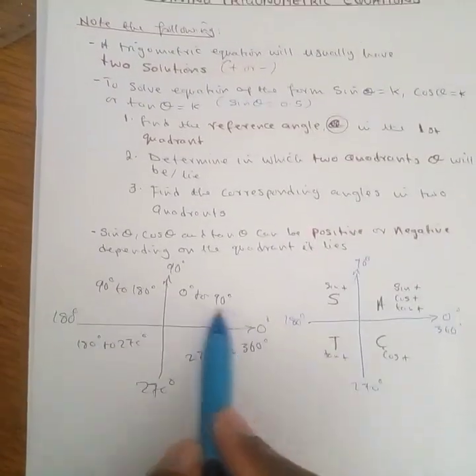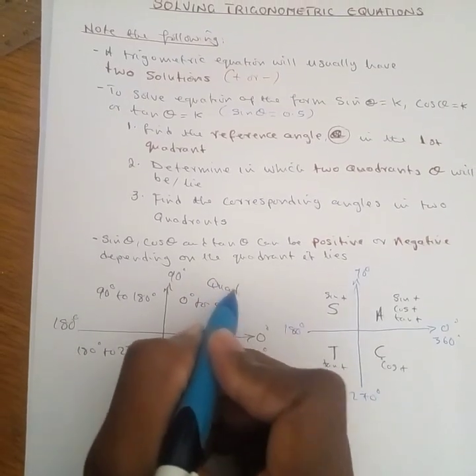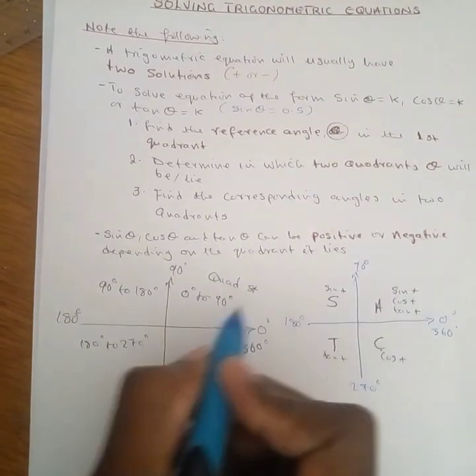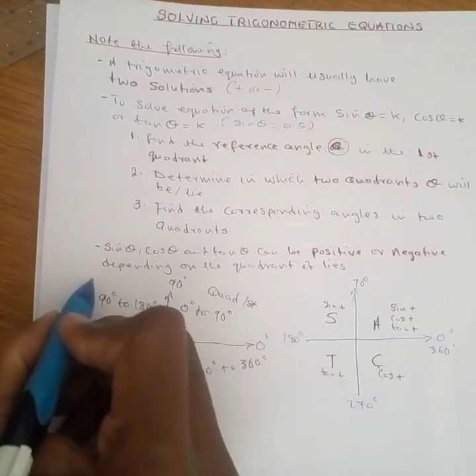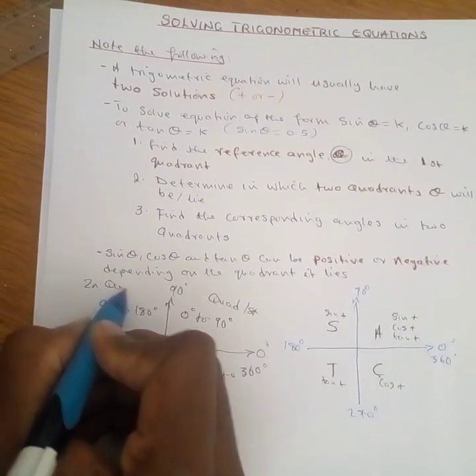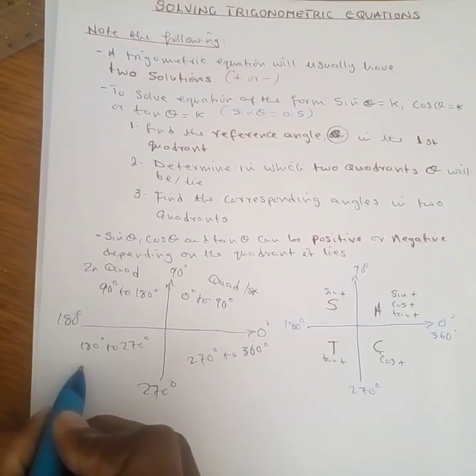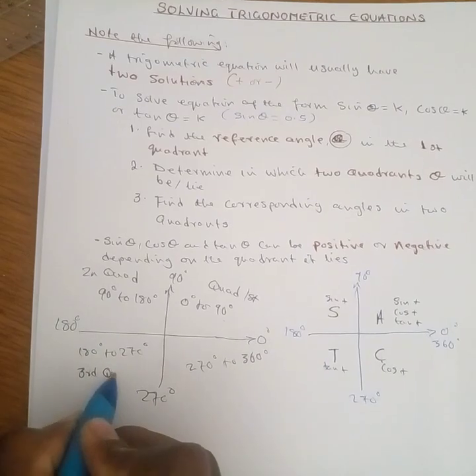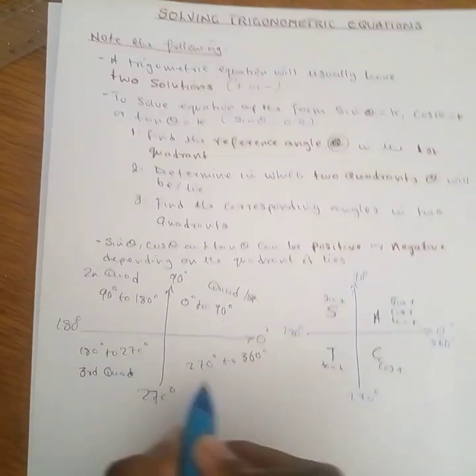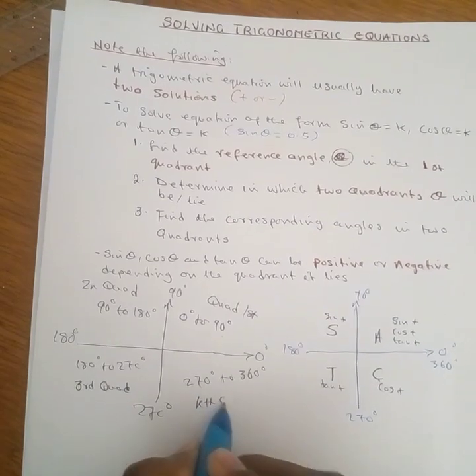If the period is 0 to 90 degrees, it is in the first quadrant. If it is 90 to 180, it is in the second quadrant. If it is 180 to 270, it is in the third quadrant. If it is 270 to 360, it is in the fourth quadrant.